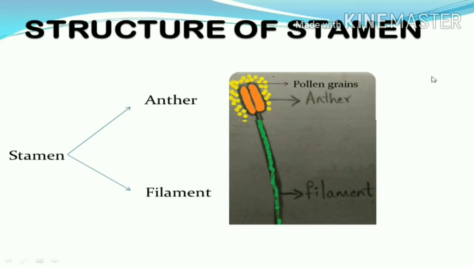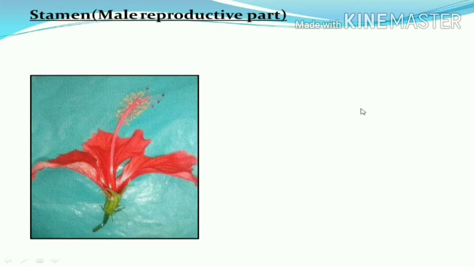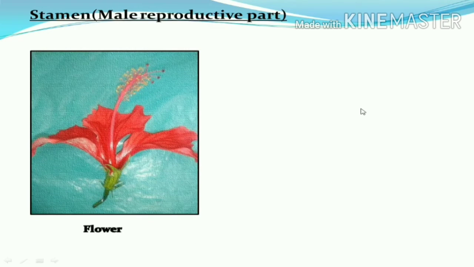The thin stalk-like structure that you can see is called filament. Filament helps in attachment of anther containing pollen grain to the base of the flower. Taking hibiscus flower as an example, the yellow colored structures that you can see are the stamens.